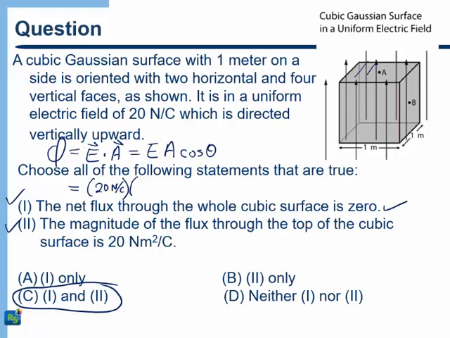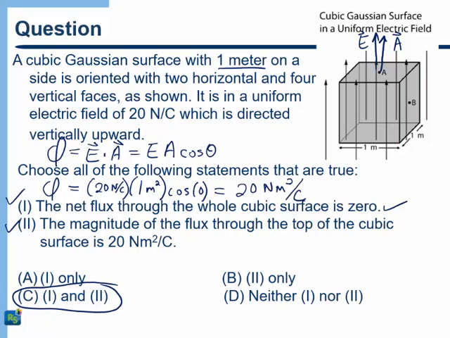The area of that top surface, since it's 1 meter on a side, is just 1 meter squared. And then the surface area vector at the top would just be straight out. Notice that's the same as the direction of the electric field vector. So it would be cosine of 0. And that would give us a flux through the top surface of 20 newton meters squared per coulomb.